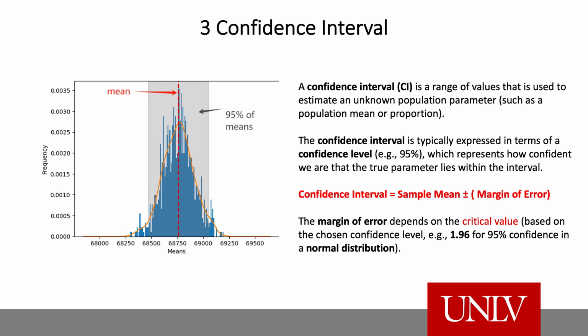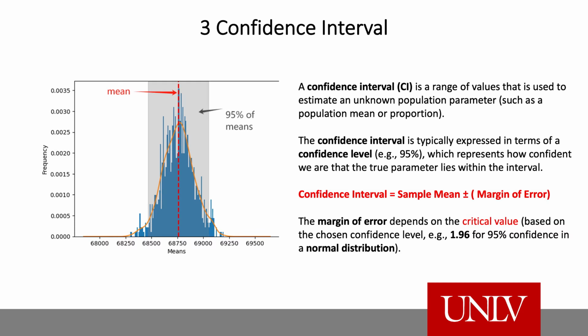In general, a confidence interval for a population mean is calculated as the sample mean plus or minus the margin of error. The margin of error depends on two things. First, the standard error, which tells us how much the sample mean varies from sample to sample. Second, a critical value, which depends on the confidence level and the shape of the sampling distribution.